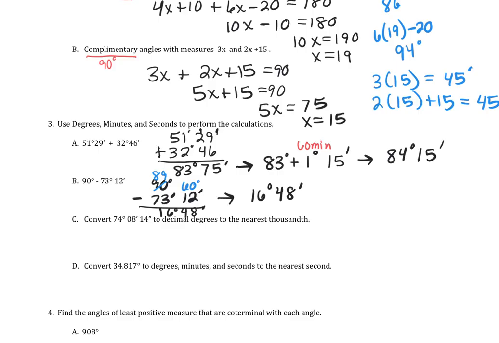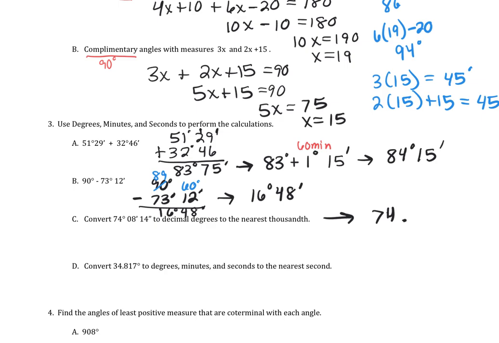All right, if we want to convert our 74 degrees, 8 minutes and 14 seconds to a decimal instead of using the minutes and seconds, this is how we will do that. First of all, I know that I have 74 point something. My degrees is 74 degrees. Now here's how we find that point something.